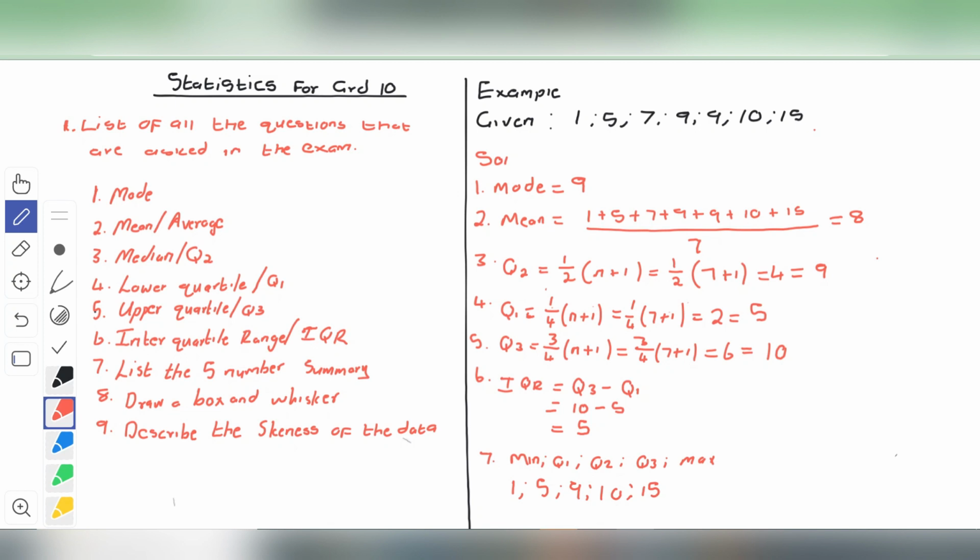So how do we get the fourth position? We are going to count. Then after counting, we found that the fourth value is 9. That means it's represented by Q2. And also for Q1, that's how we do it. After finding the value, if it's 2, then you're going to count, 1, 2.